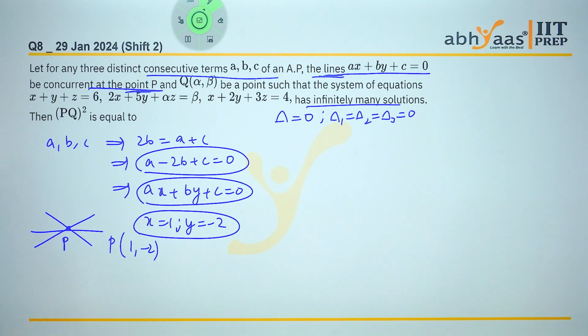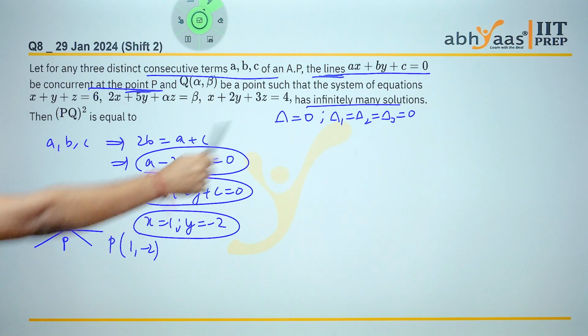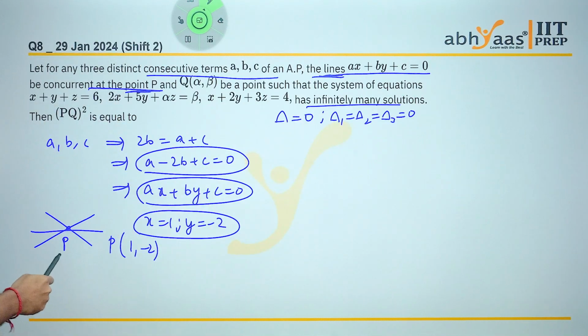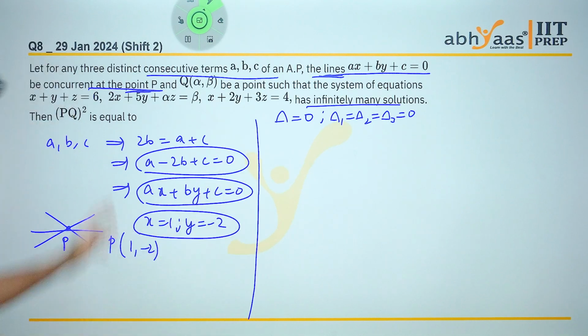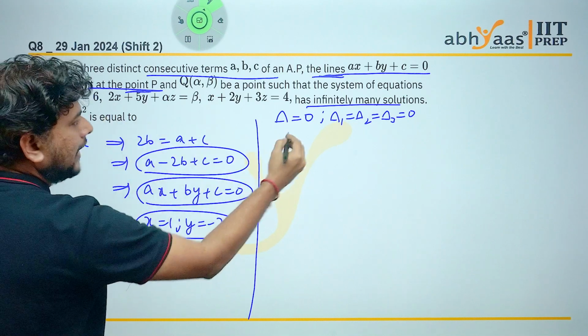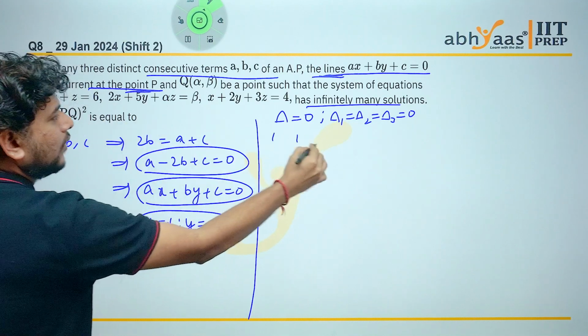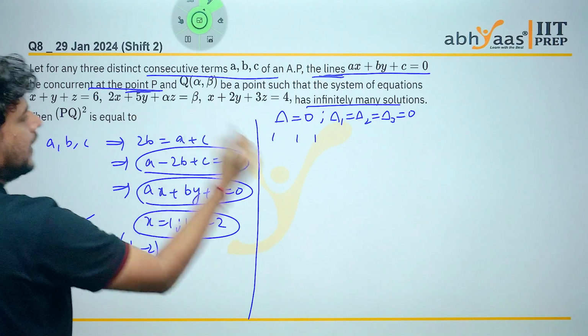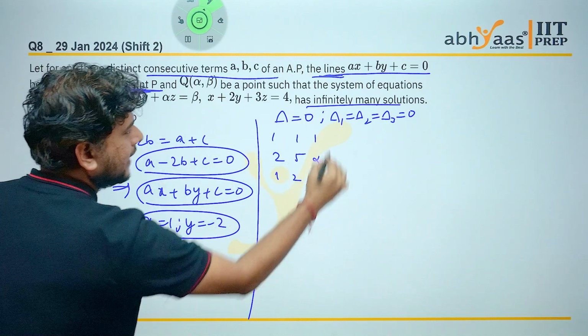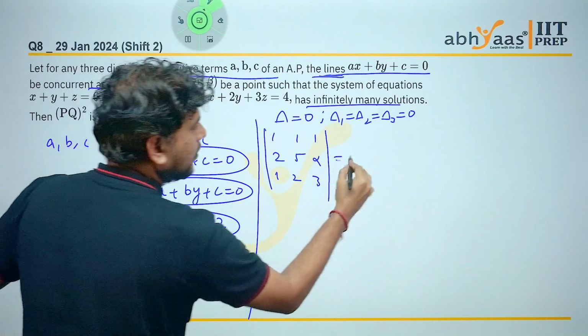Point P. Many lines which are in the form of ax plus by plus c equal to 0 are going through the point P (1, minus 2), and Q be a point such that, okay, now we have to find Q. So delta equal to 0, that is the determinant 1 1 1, 2 5 alpha, 1 2 3 equal to 0.